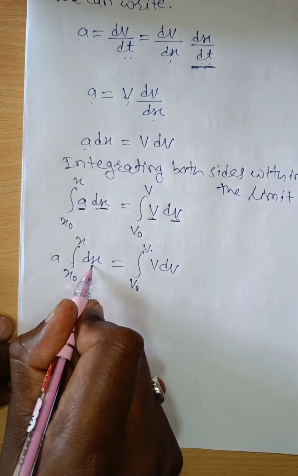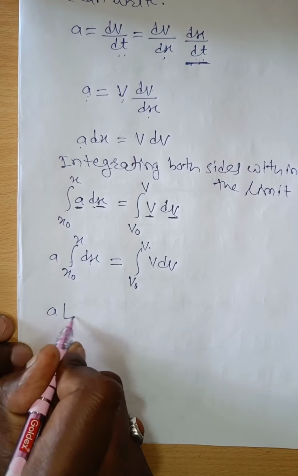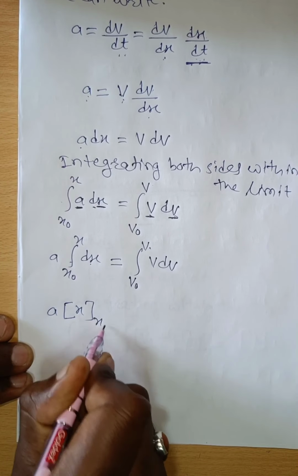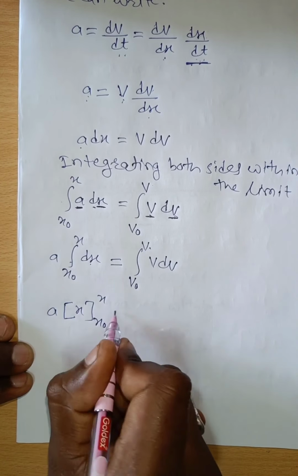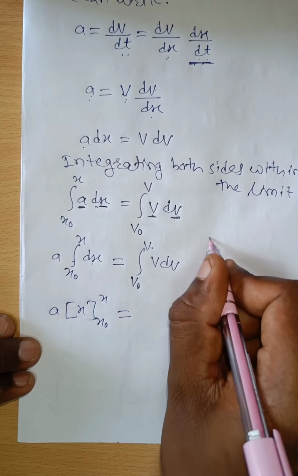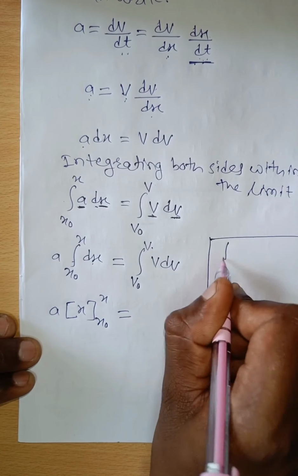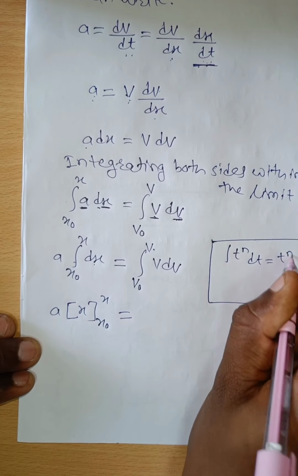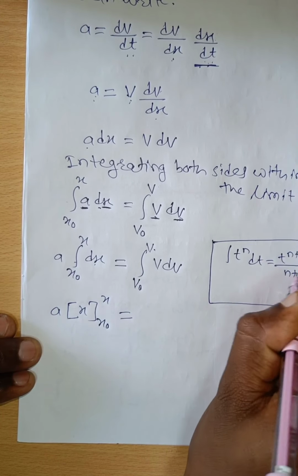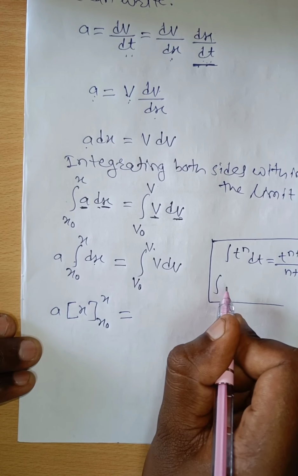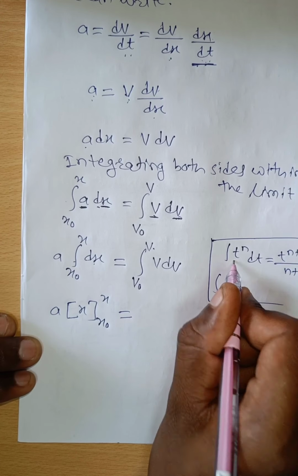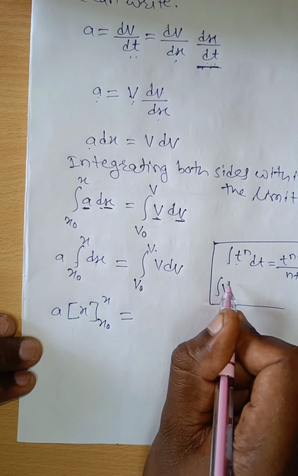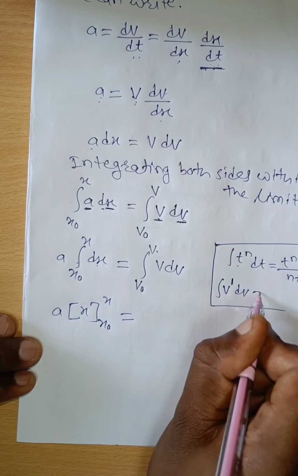Then you know that integration of dx is x, so a into x having lower limit x naught and upper limit x, which is equal to, then the integration of t to the power n into dt is t to the power of n plus 1 divided by n plus 1. Now in place of t we put v to the power 1 into dv.